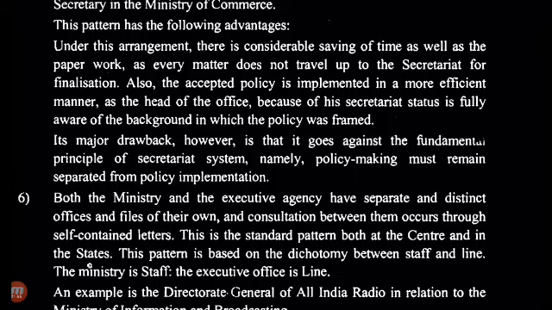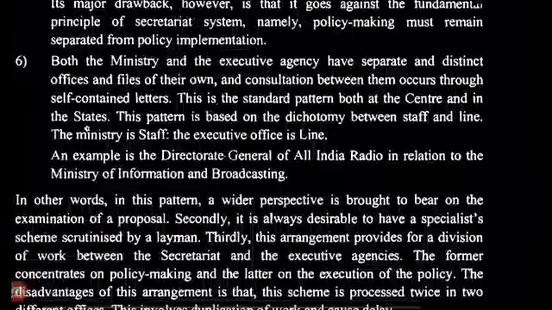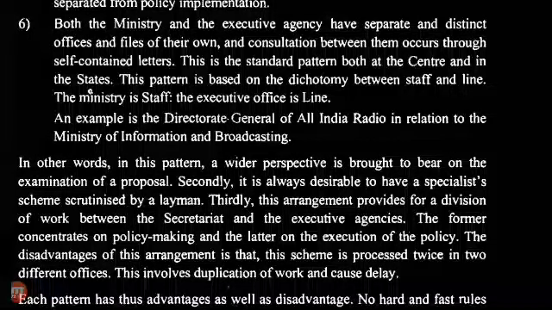Its major drawback, however, is that it goes against the fundamental principle of secretariat system, namely policy making must remain separated from policy implementation. Sixth, both the ministry and the executive agency have separate and distinct offices and files of their own, and consultation between them occurs through self-contained letters.